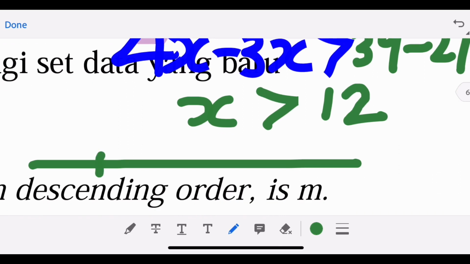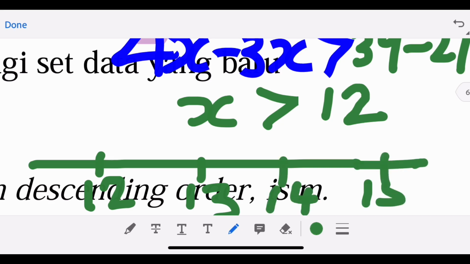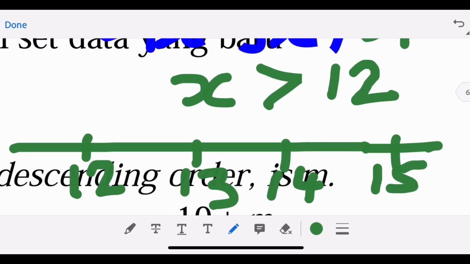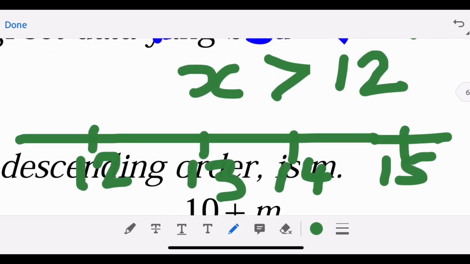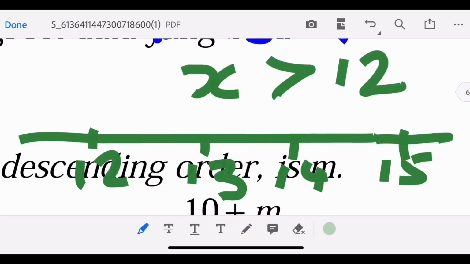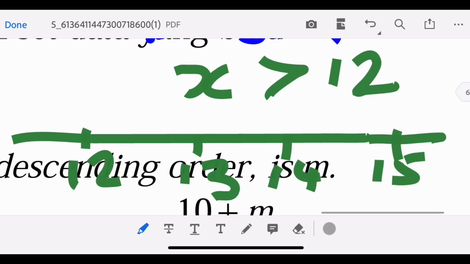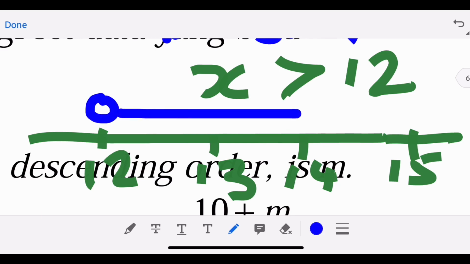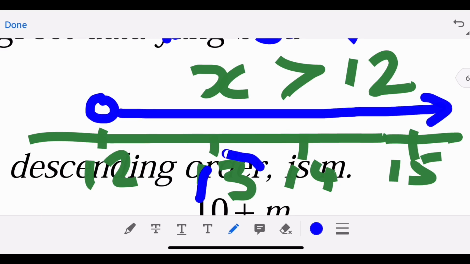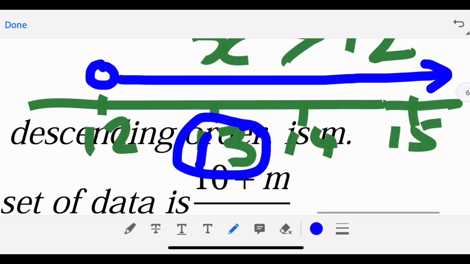I'm sure many of you are not sure how to do this. Now, listen. You can draw a number line. You start with 12, 13, 14, 15. Remember in your lower form, the teacher said you draw a circle and you draw the line to the right, because more than goes to the right. Make sure the circle is empty; it shows that it is not inclusive of 12.